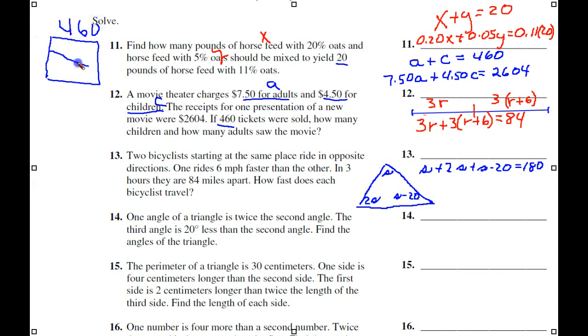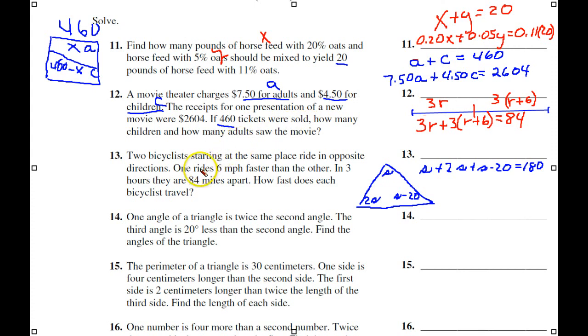And we said we could say that part of this was X and the other part was 460 minus X. Here, that we're allowed to use two variables, let's say this is A and this is C. And we would handle it a little differently with one variable. But now we have another tool in our toolbox.